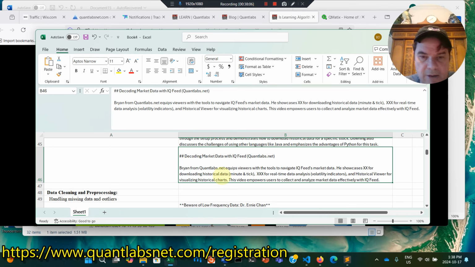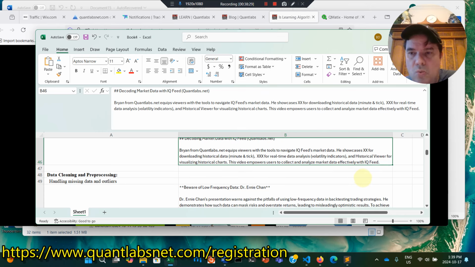So here you can download data, minute, and tick data even. The same tool will allow you in real time to collect data and have volatility indicators and historical view for viewing historical charts.